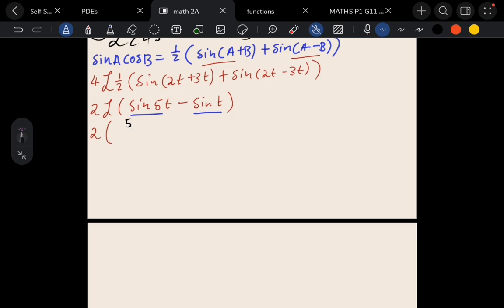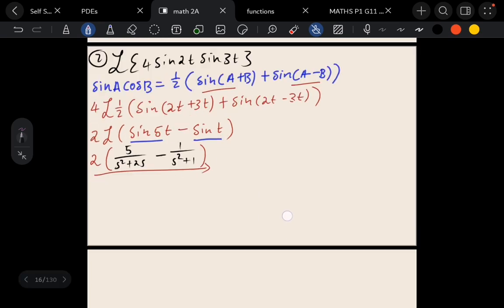It is 5 over s squared plus 25 minus, what is the Laplace transform of sine t? It is 1 over s squared plus 1. Like that. So we have found the Laplace transform of this function as you see it here.